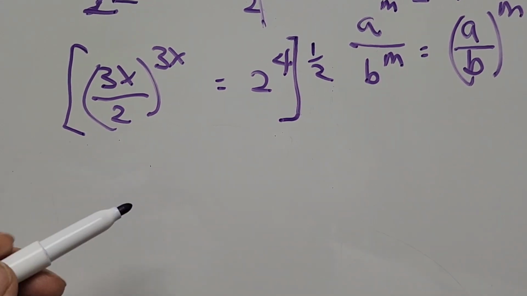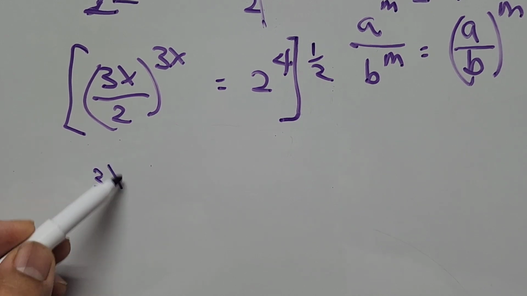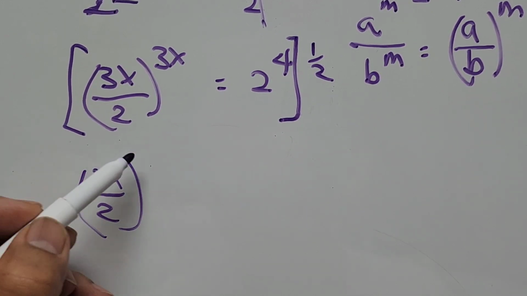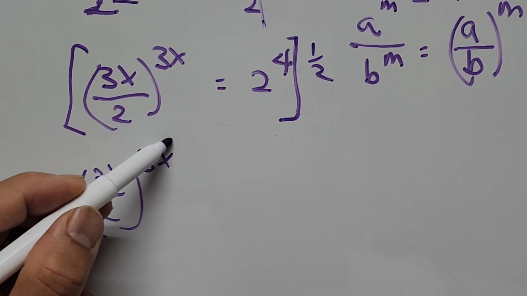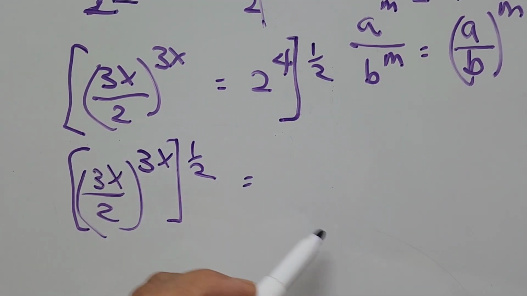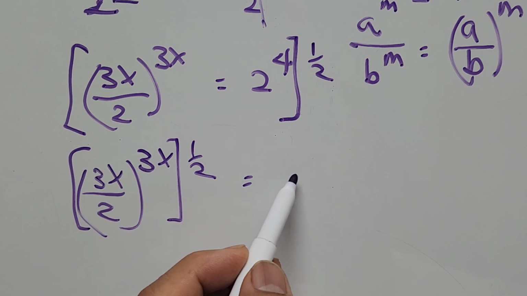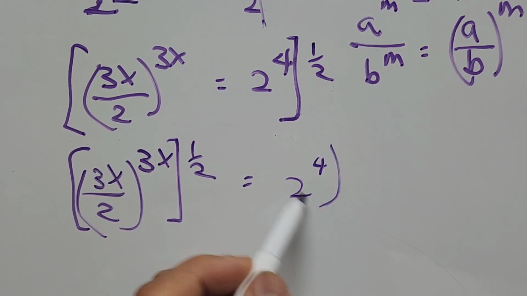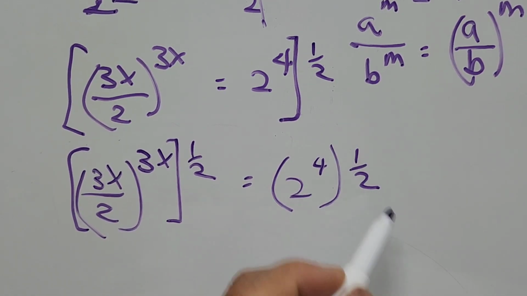The left hand side now becomes 3x over 2 to the power of 3x, raised to the power of 1/2, equals the right hand side, 2 to the power of 4, raised to the power of 1/2.